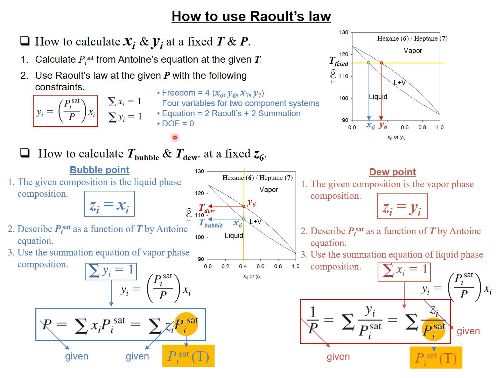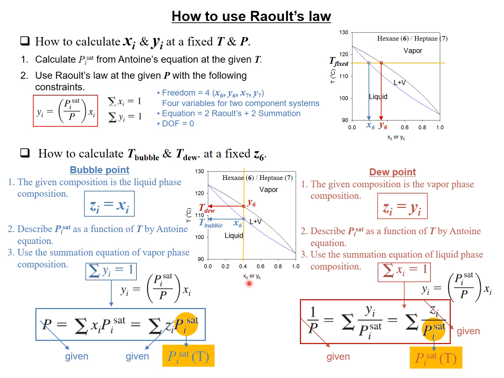Let's go to the other case. How to calculate the bubble point temperature and dew point temperature at a fixed composition. So also in this case, let me start with the phase diagram, even if you don't have a phase diagram.